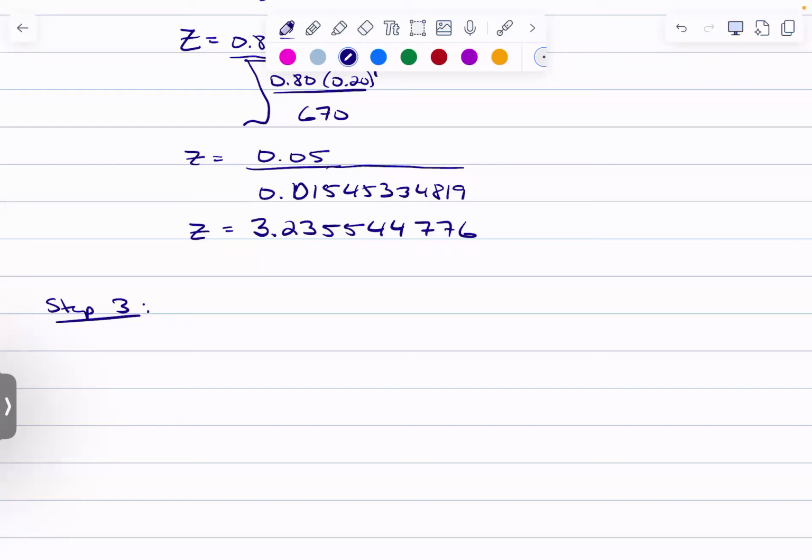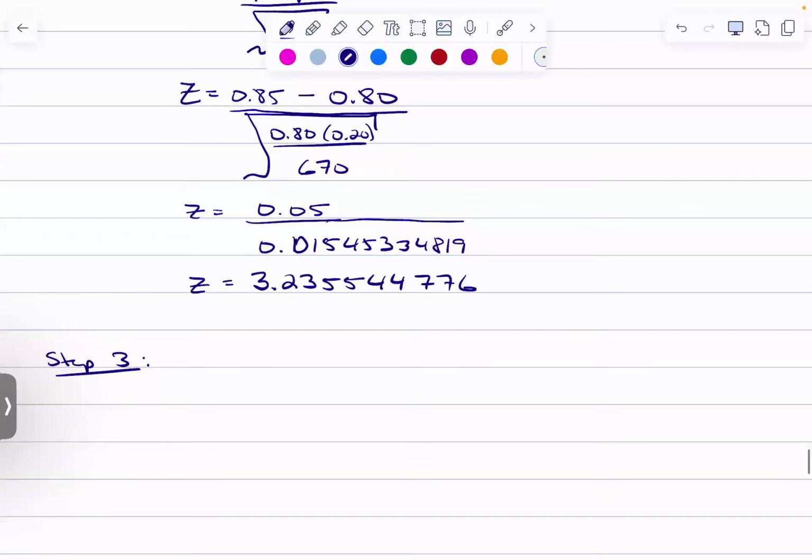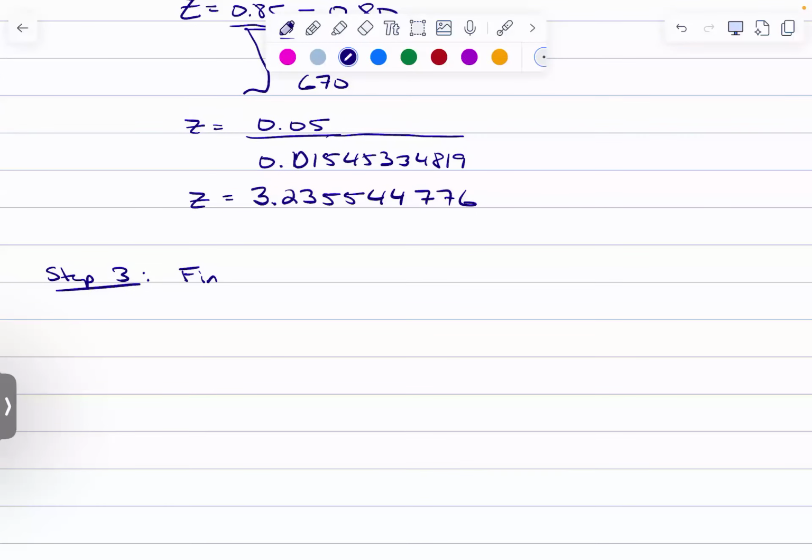So there, I've calculated my test statistic, which tells me that 0.85 is 3.2355 standard errors above 0.8. It's quite far from 0.8. But to quantify that, we use a p-value instead.